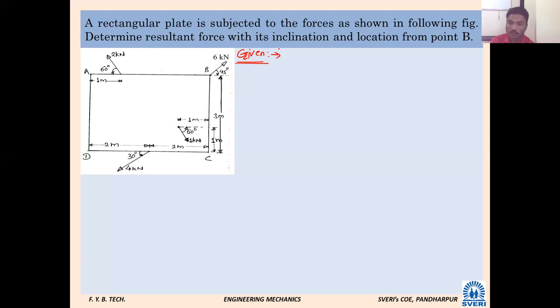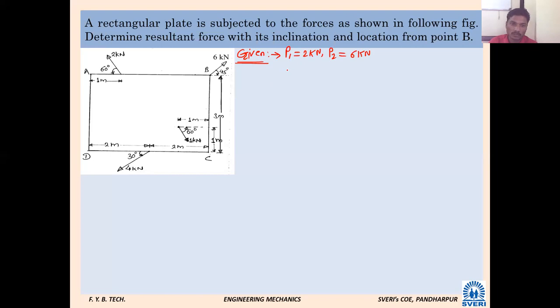Even their directions are also different, so this one is a little challenging, not that much but a little challenging. Which force will we consider as P1? 2 kilonewton. P2: 6 kilonewton. Very good.